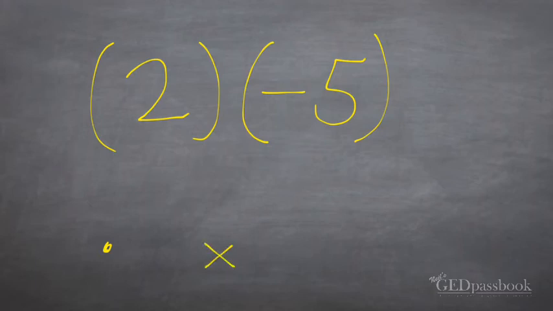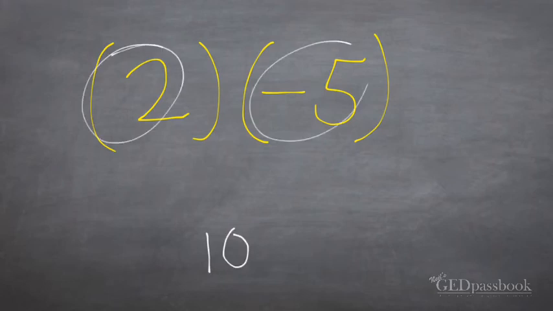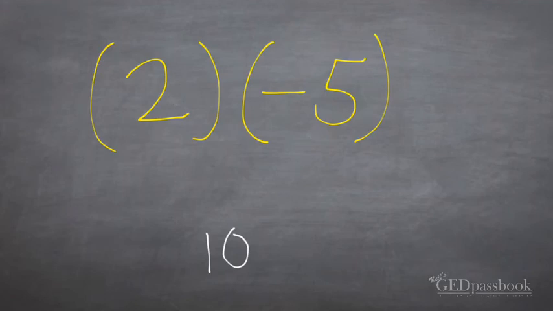But the x, the dots, all of that doesn't exist anymore for us. That means multiplication. 2 times negative 5. What's 2 times 5? 10. A positive times a negative. What does my answer come out to be? Negative 10. So it's negative 10. You tack it on after.